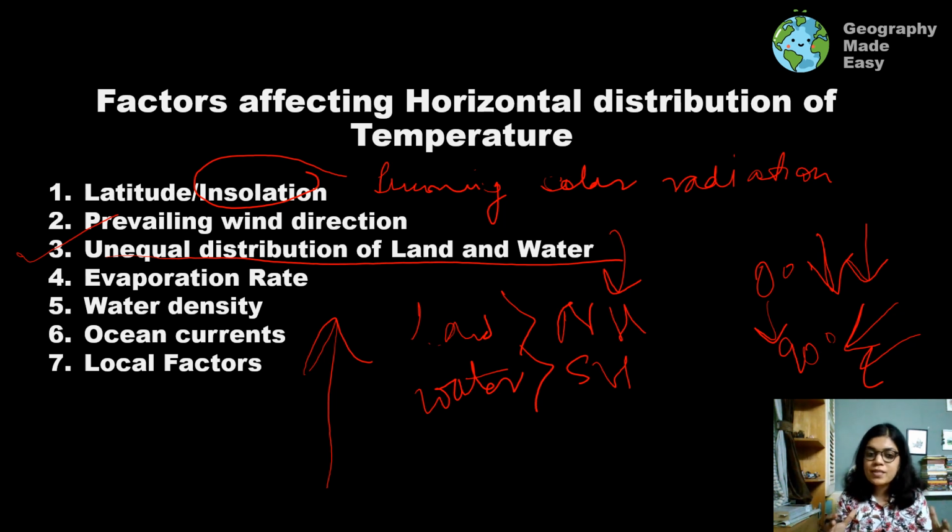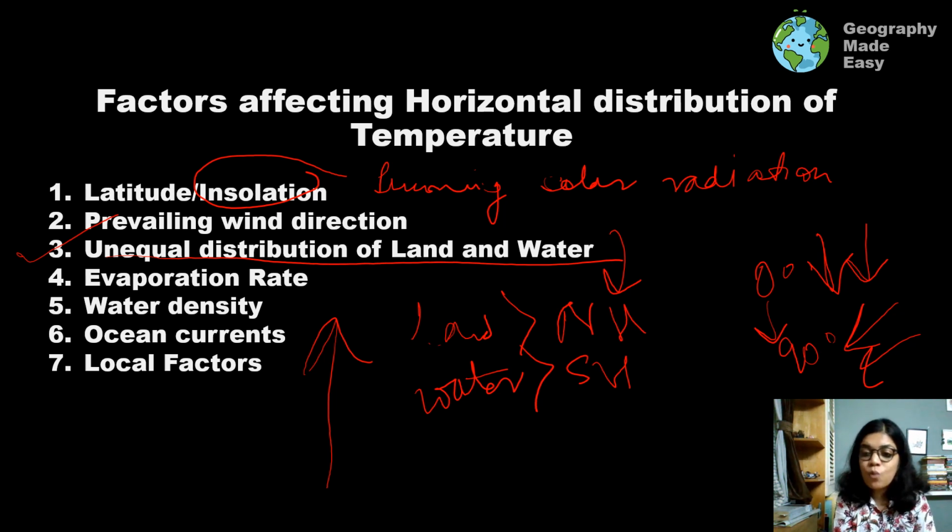Higher or warmer seas will have a higher evaporation rate and the water will evaporate much more. So it is going to make the surface much warmer in comparison to places which have a low evaporation rate, like the polar regions.